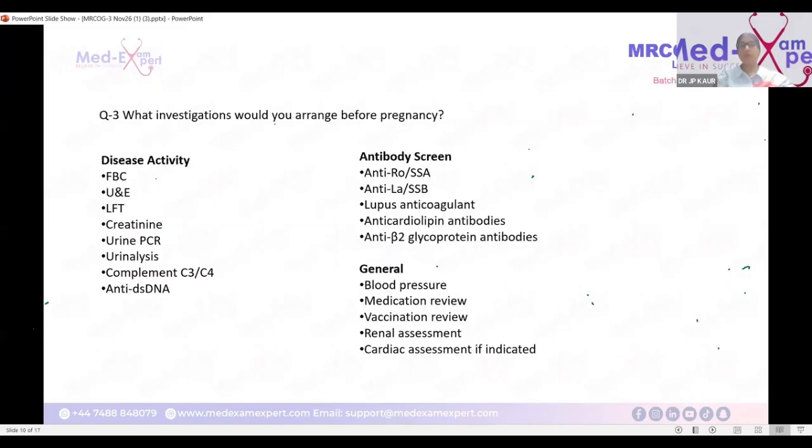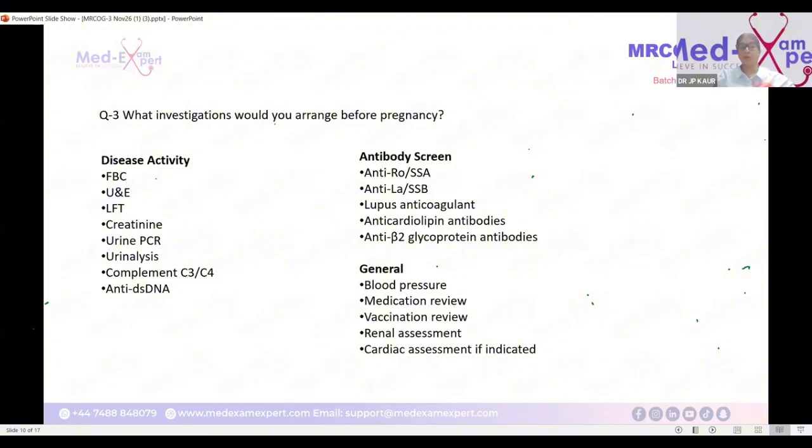What investigations? If these questions will be put to you, though I did not ask Dr. Deepika, I just asked in the last to Dr. Aparna. So in this, we will first check the disease activity with the full blood counts. I would like to check her anemia and urine examination, any proteinuria or any urine infection, liver function test. Her creatinine has already been given that it is 1.